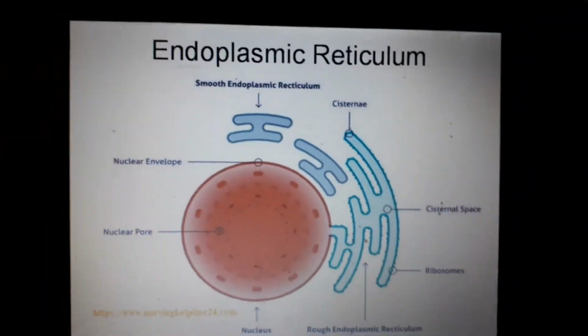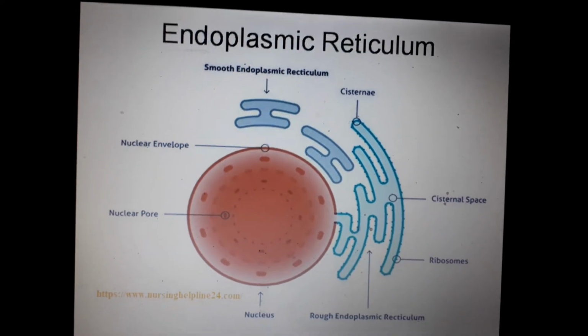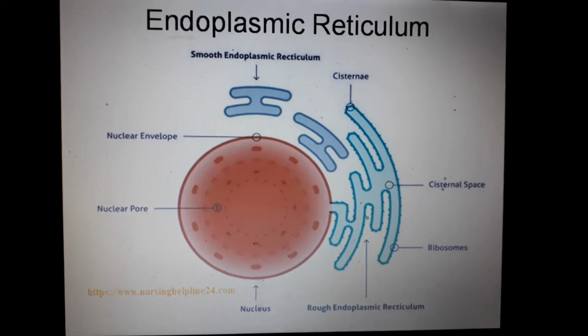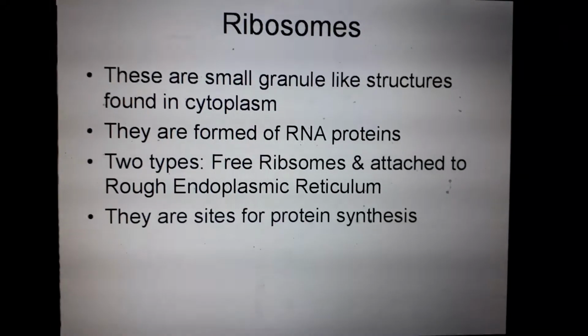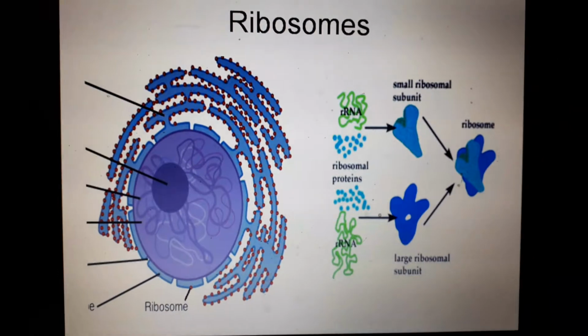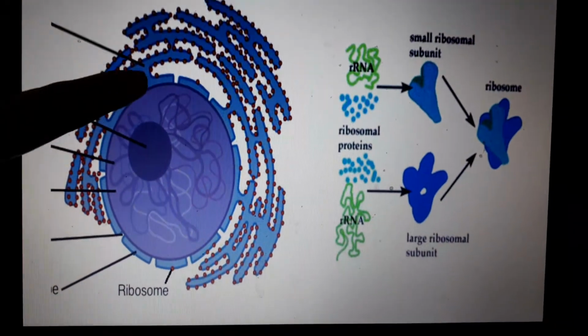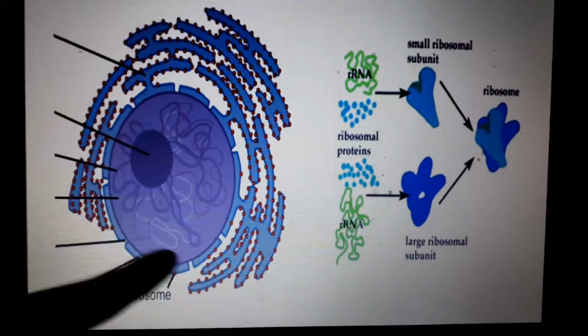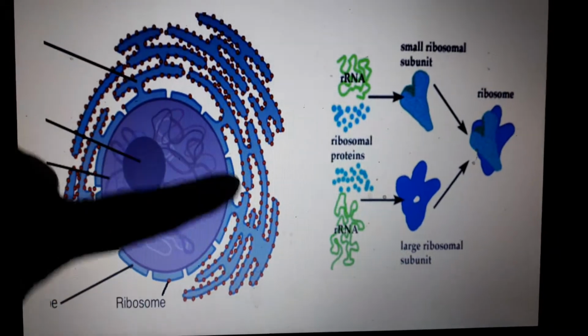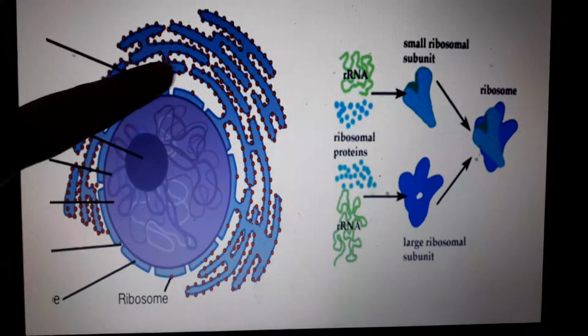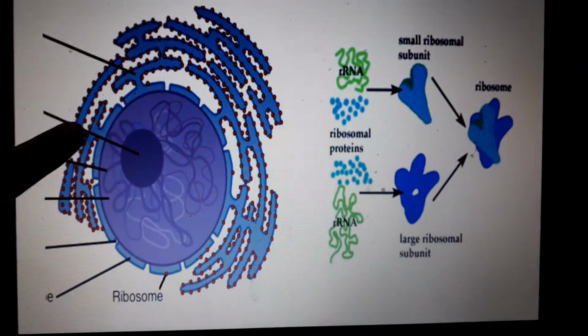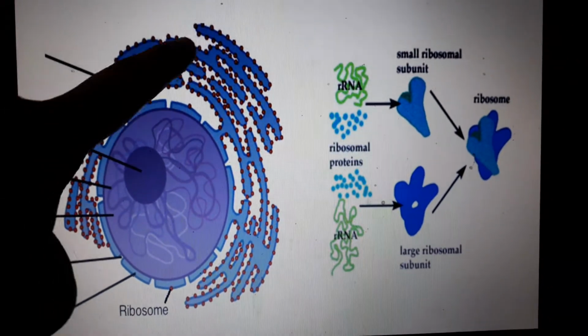Now let us study endoplasmic reticulum. I want you to look at the structure of endoplasmic reticulum. When we were studying ribosomes, we saw that these blue color tubes are present around the nucleus. Around the nucleus there are some blue tubular structures that are made up of membranes.